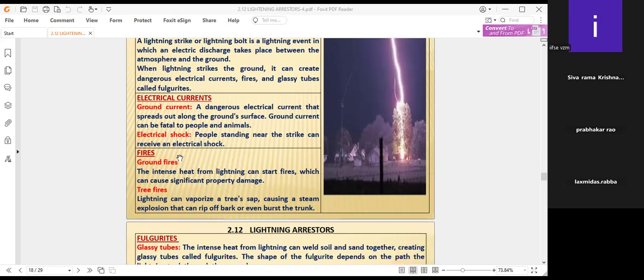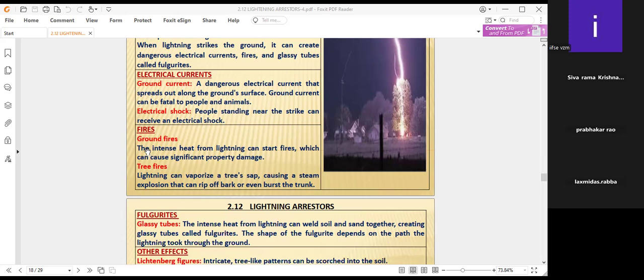Fires also will happen because of the dangerous electrical currents. Not only damage to people and animals and electric shock, but ground fires also. The intense heat from lightning can start fires, which can cause significant property damage.